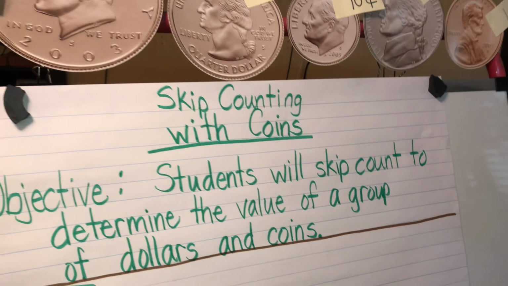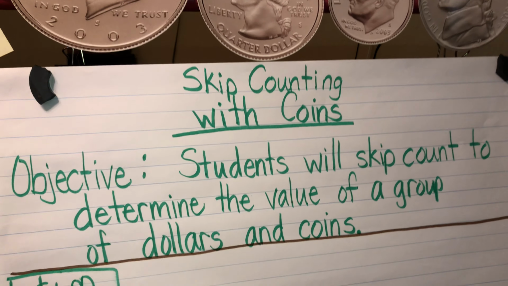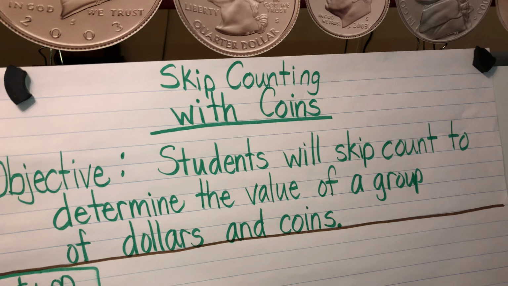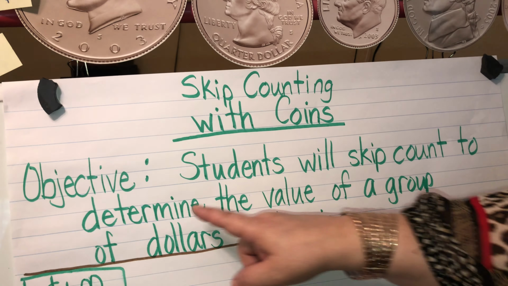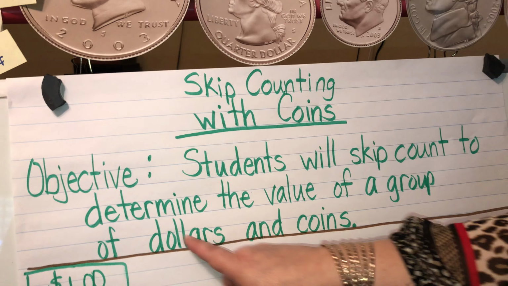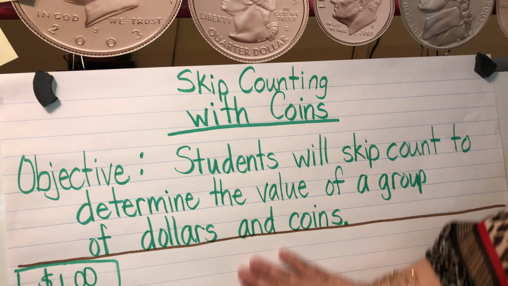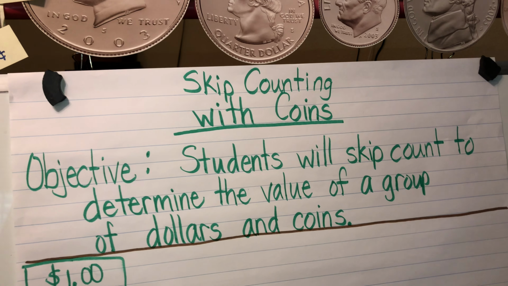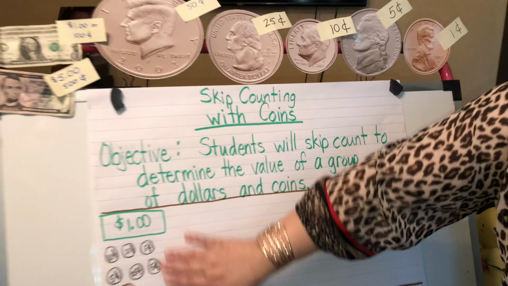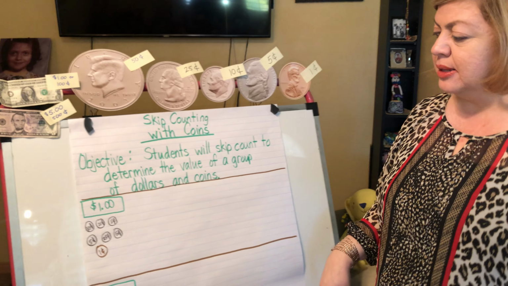So let's look at our objective. Our objective states that students will skip count to determine the value of a group of dollars and coins. So this lesson is pretty much going to go like the other ones we've already done, except we are now adding dollars to the mix.